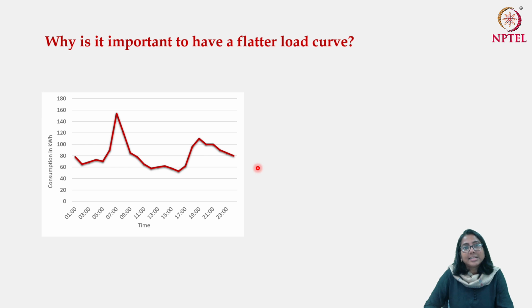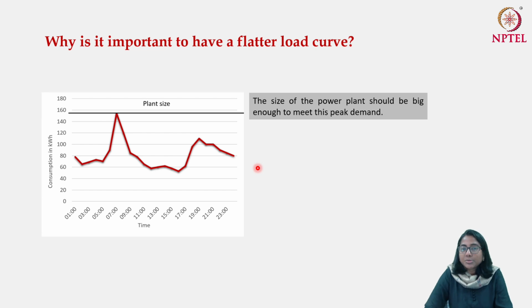So if this is the existing demand curve, the demand curve in the reference scenario, in order to supply this much electricity, you need a power plant whose size is big enough to meet this electricity demand at the peak period. So the size of the power plant should be commensurate with the size of the peak demand. Otherwise, there will be a power cut during the peak demand.